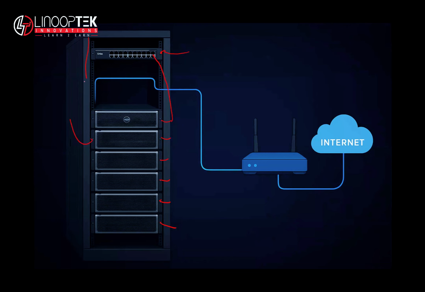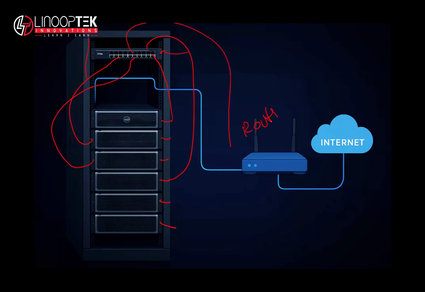To give you a real perspective, they connect to different ports using what cable? RJ45. And then eventually one port on the switch gets connected to a router. This is not an industry standard router. And then this gets connected to the outside world, the internet.